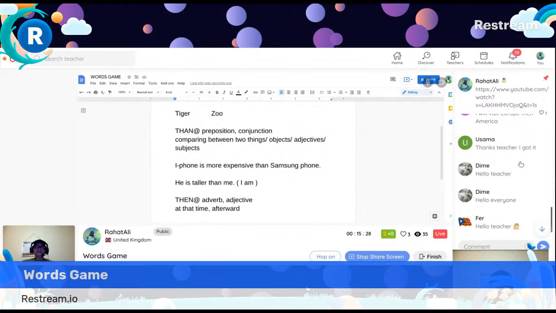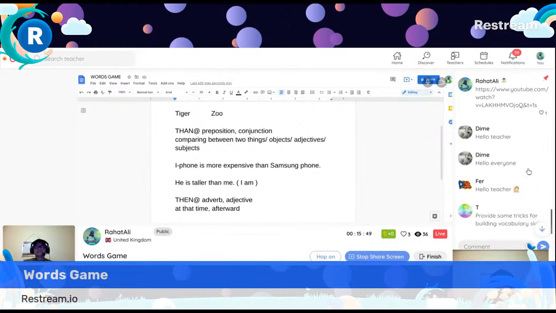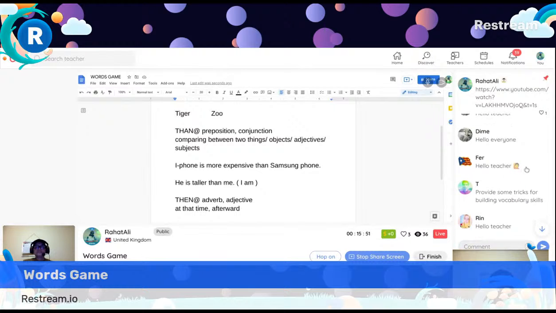Hello, fair, welcome. Tricks for building vocabulary skills.